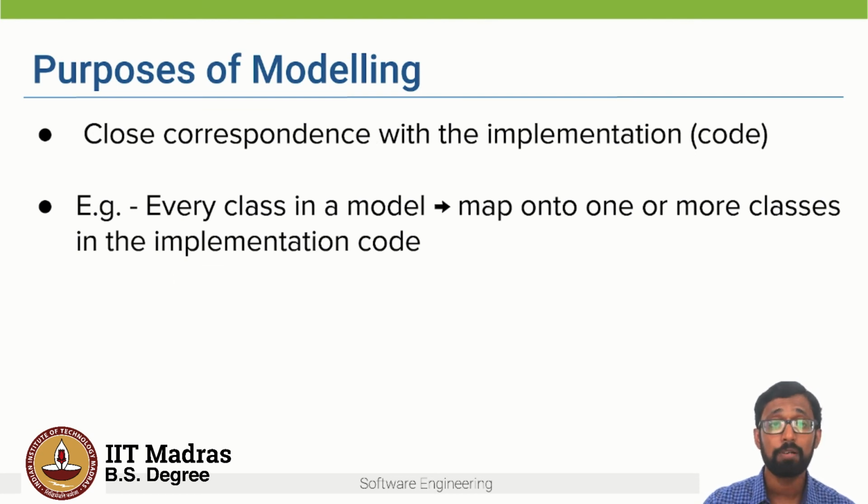Another purpose of modeling is to create models such that there is a close correspondence with the implementation or the code. So for example, every class in a model can map onto one or more classes in the implementation code.